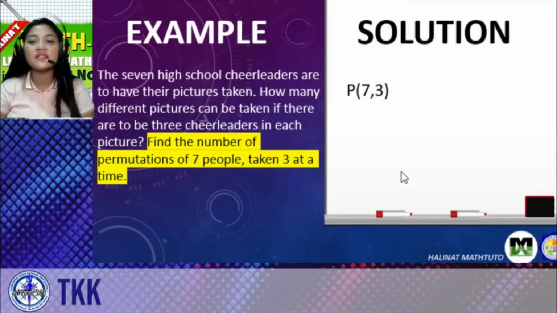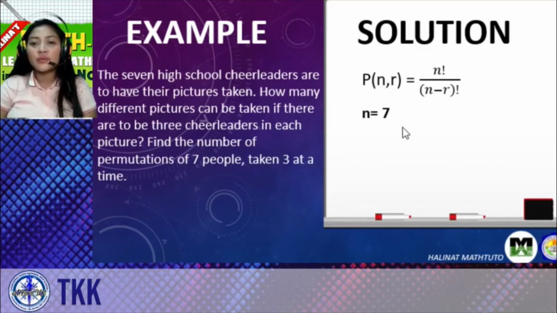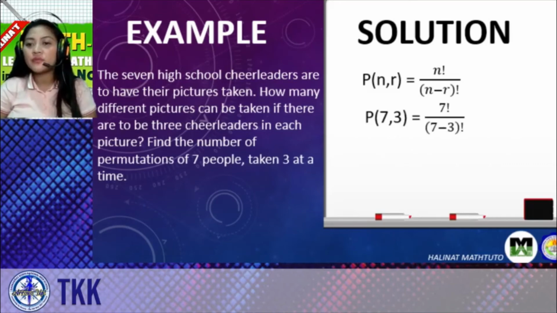That is written as P(7, 3). We are going to use the formula for permutation, that is P(n, r) is equal to n factorial over the quantity n minus r factorial. We're going to substitute the value of n, that is 7, and r, that is equal to 3. We now have P(7, 3) is equal to 7 factorial over the quantity of 7 minus 3 factorial.